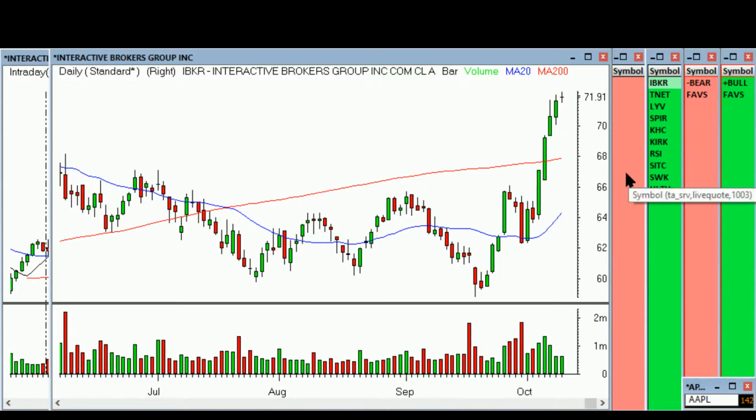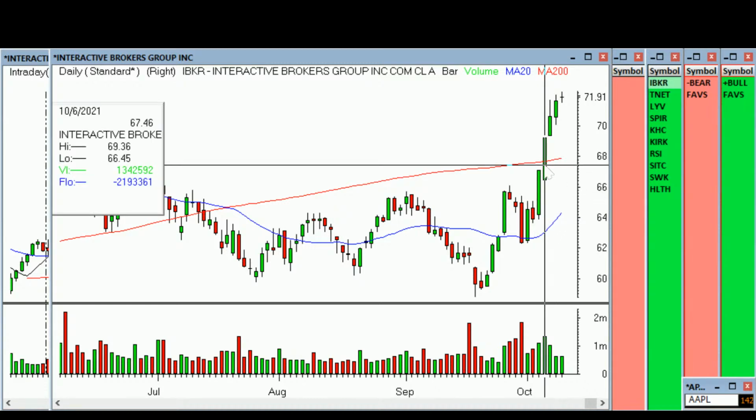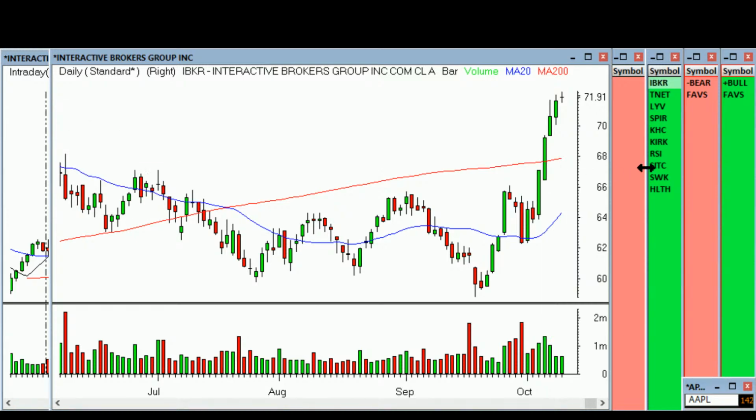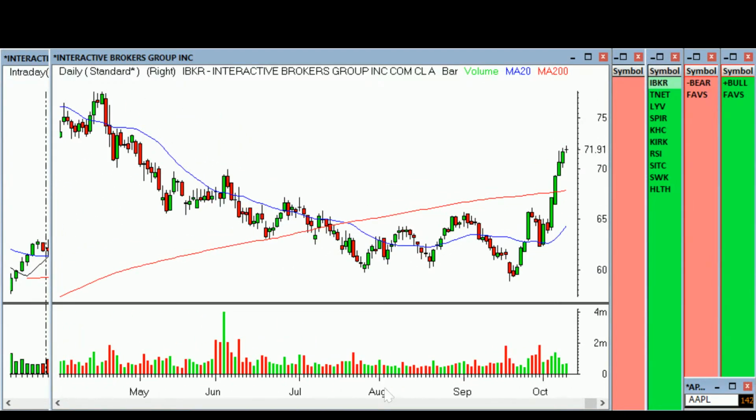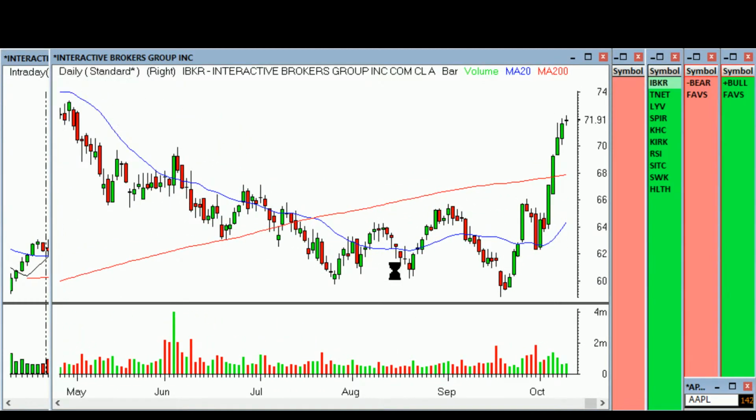I don't know the exact price I added, but it was at 60-something, basically the open, maybe 67.20 or something like this. So I added 100 shares extra, but I'm not sized to $2,000 risk. But this looks amazing. I mean, this looks incredible.